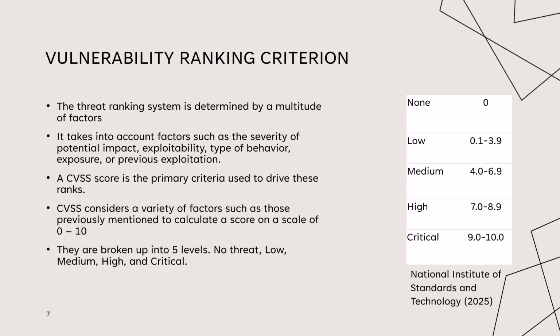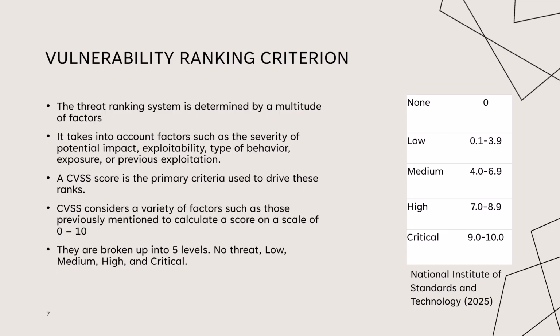Vulnerabilities that are detected through the Greenbone vulnerability scanner go through essentially a ranking criterion in order to classify them from low to high. The threat ranking system is determined by a multitude of factors, which take into account severity of potential impact, exploitability, type of behavior, exposure, or previous exploitation.